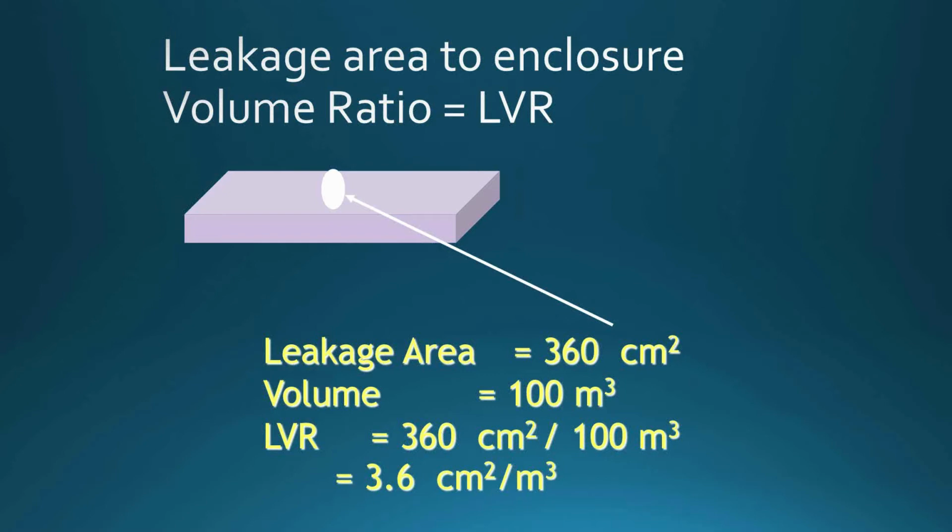So once you get a value of the leak to volume ratio for one enclosure, it applies to all enclosures, no matter how tall, wide, or indifferent that enclosure is, assuming that the discharge characteristics when the agent is released are the same.